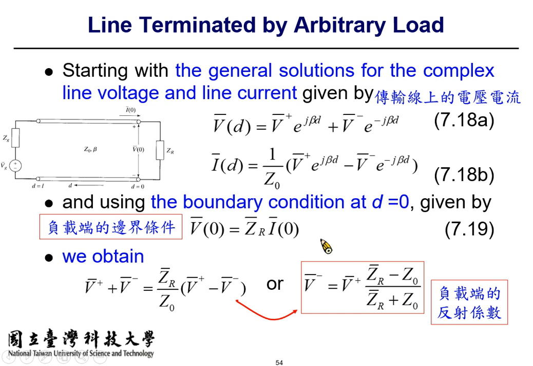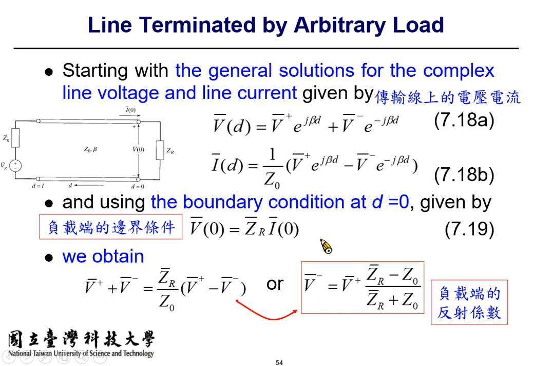They will have no phase difference. On the other hand, if Z_R is a complex number, then the voltage and current shall have a phase difference. They will not be synchronized. So we have the boundary condition specified in equation 7.19.